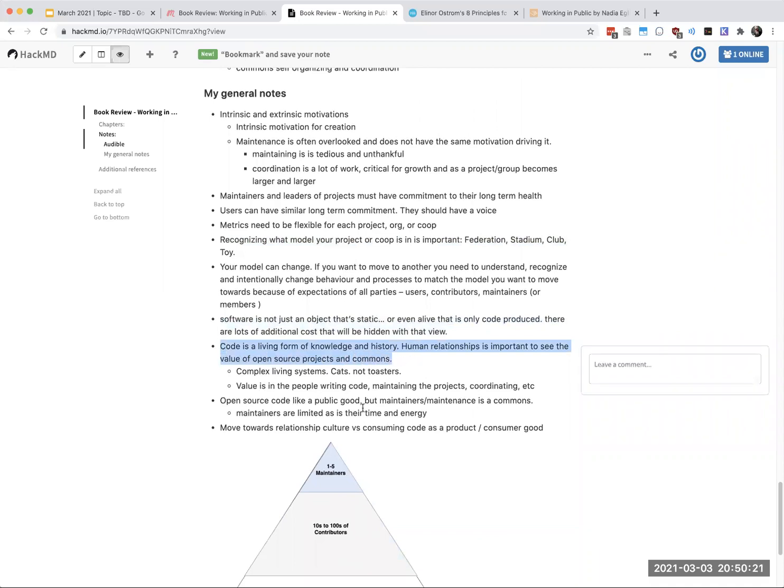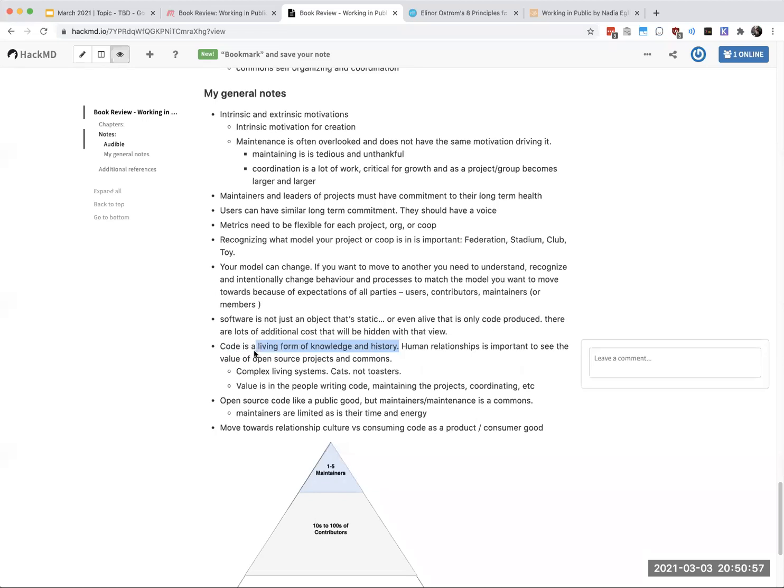I like this last part. This is where I'm engaged a lot in open source, around the community aspect. And the cooperative side would be one of my passion areas too, this community aspect. This was mentioned several times in the book in different ways: code is a living form of knowledge and history. That's specific to the code, but open source software is tied into that.